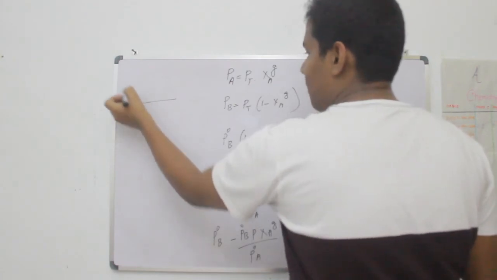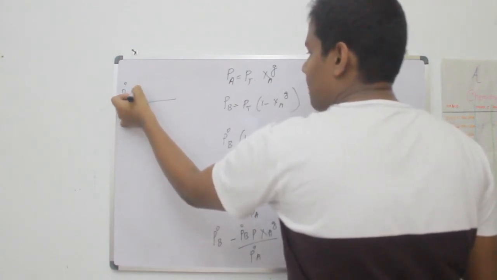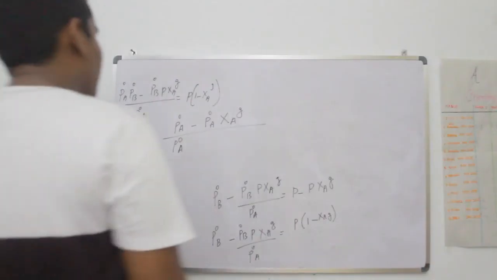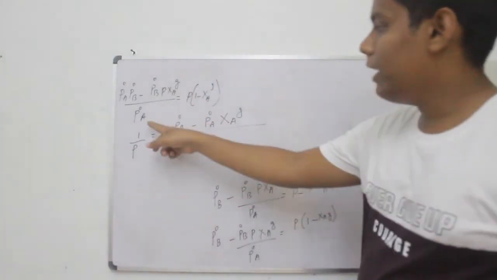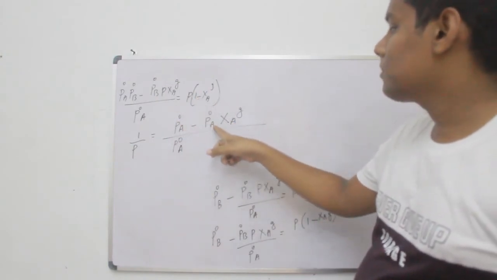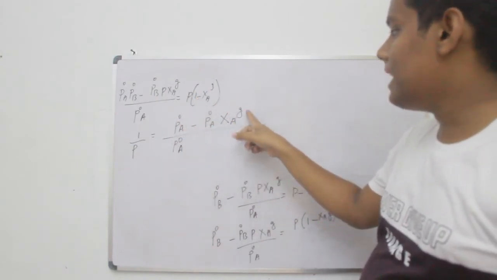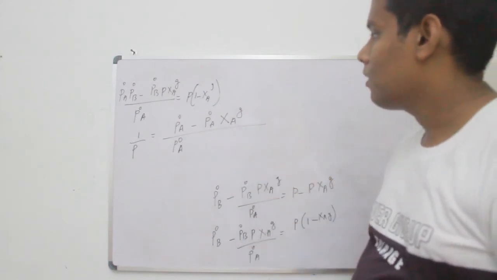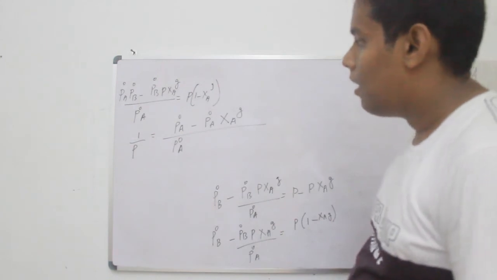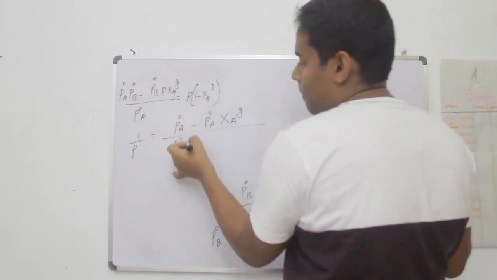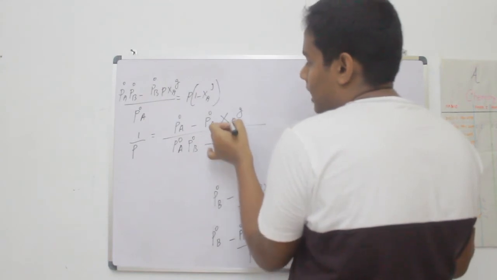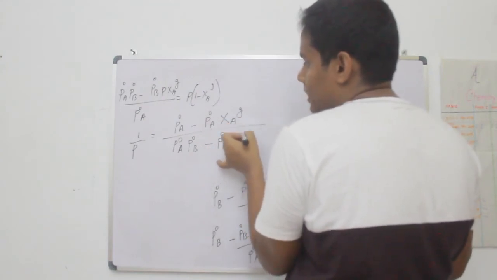If I take 1 over P here, I have to take the P0 A up there. So P0 A minus P0 A XAG divided by, from this upper equation, P0 A, P0 B minus P0 B into P into XAG.